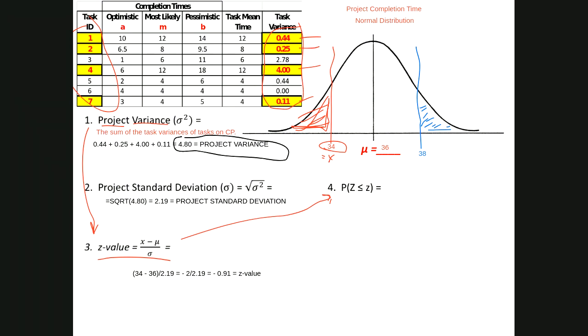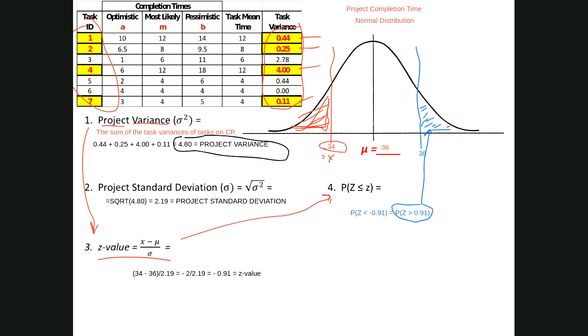In other words, again, this value is this area here. That's the part that's greater than positive 0.91.